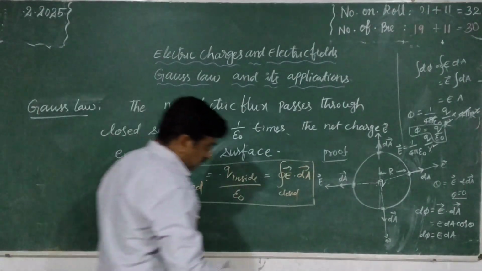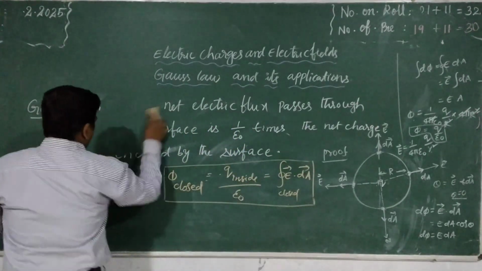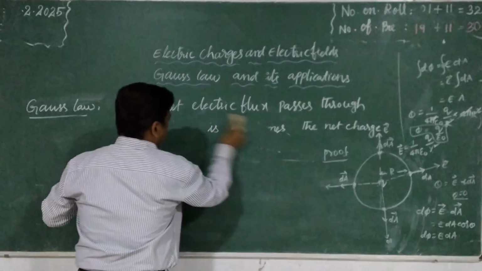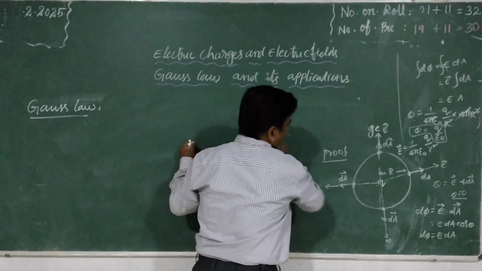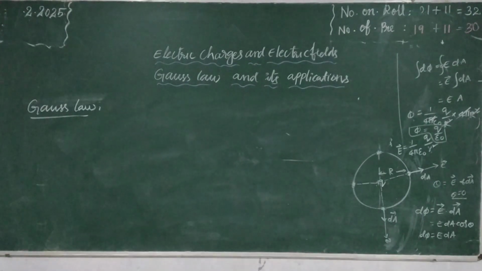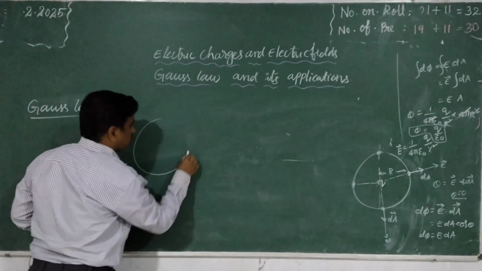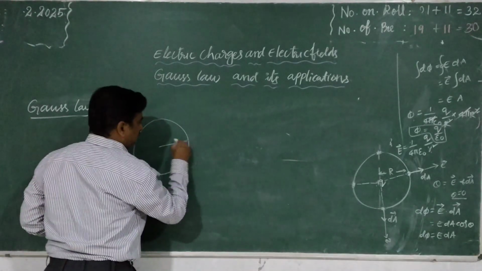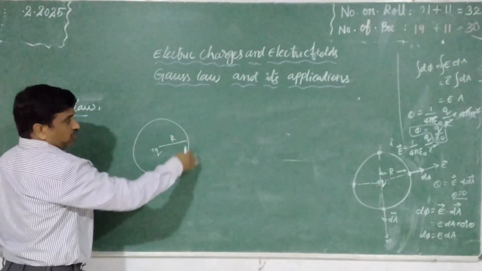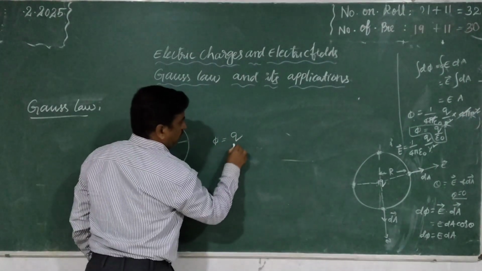Next, we discuss some properties of this Gauss law. Here we take a closed surface and increase the value of R, meaning the size of the closed surface increases. For example, this is the closed surface with radius R, and plus Q charge is there. What is the flux through this one? We get phi equals Q by epsilon naught.